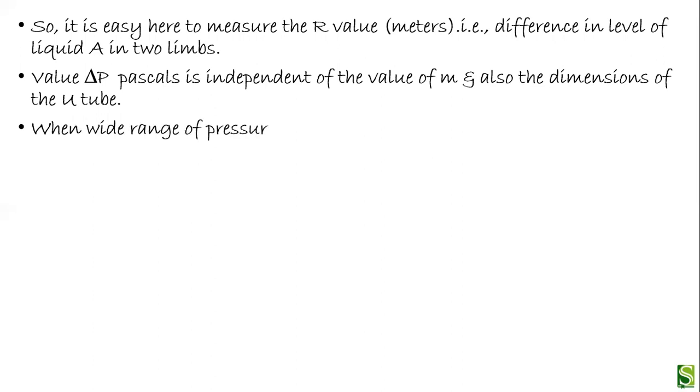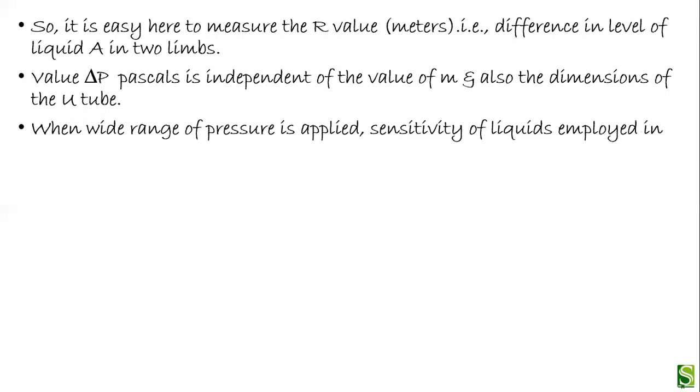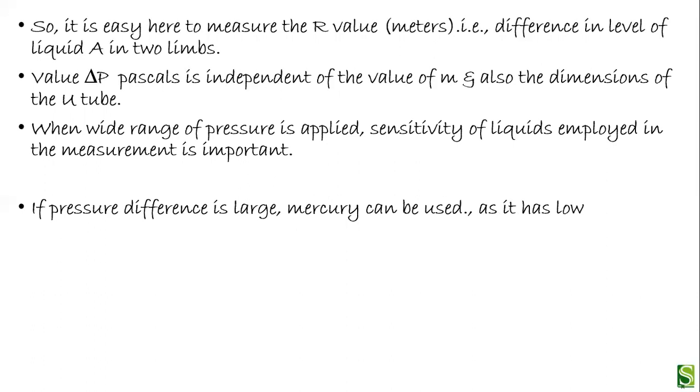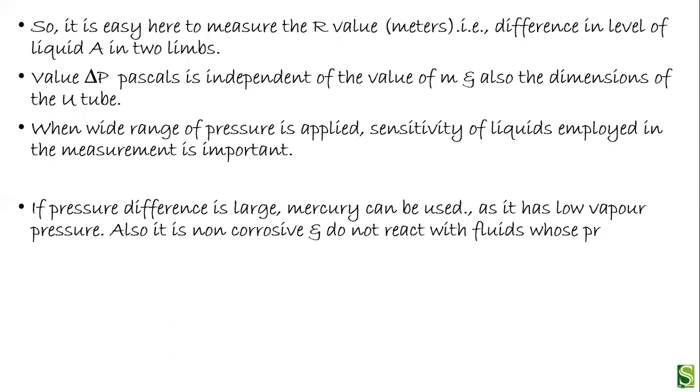So when a wide range of pressure is applied, the sensitivity of the liquids employed in the measurement is very important. If the pressure difference is large, then mercury can be used, and it has low vapor pressure.